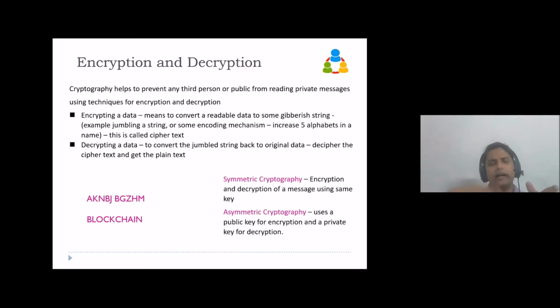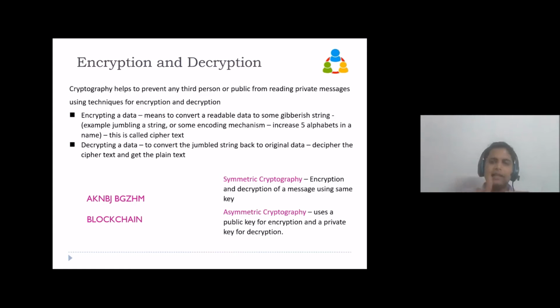That is a detailed mathematical study or cryptographical study, which when people are going to learn computer science, they'll be able to learn in detail. But in simple terms, symmetric cryptography means encryption and decryption of a message using the same key.